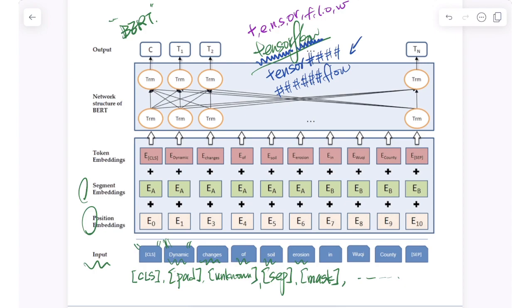So for the BERT model, even if we want to analyze new articles or new text, we don't need to add more words to the dictionary, because the segmentation will divide unseen words into word pieces, and they may use single characters to represent the original words. Okay, so that is the segmentation.